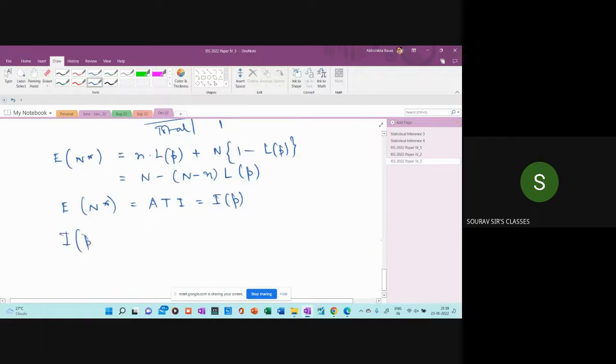So this I of P bar is N minus (N minus n) into L of P bar, where P bar is the process average.